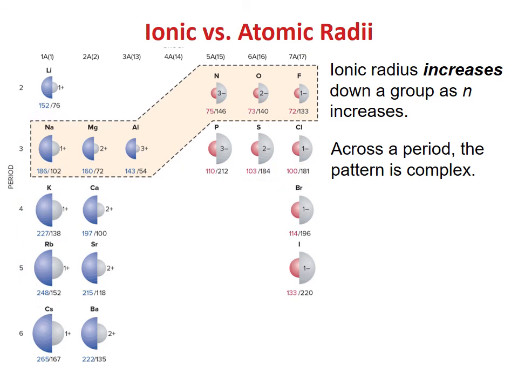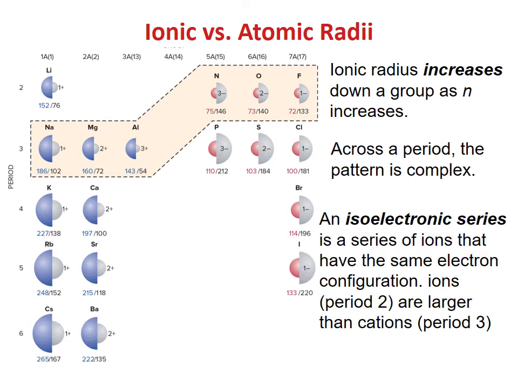We can also compare ionic sizes in an isoelectronic series. An isoelectronic series is a series of ions that have the same electron configuration. So when fluorine gains an electron, it gets the same electron configuration as neon. Similarly, oxygen gains 2 electrons to become isoelectronic with neon.